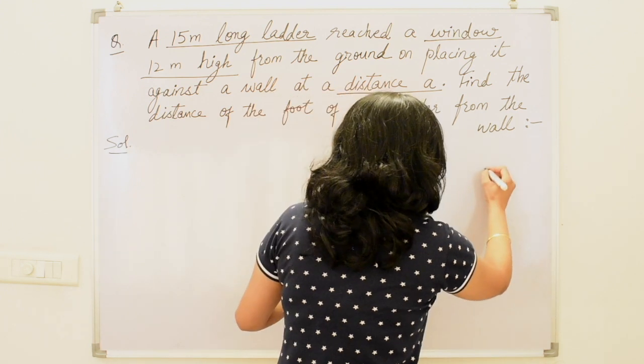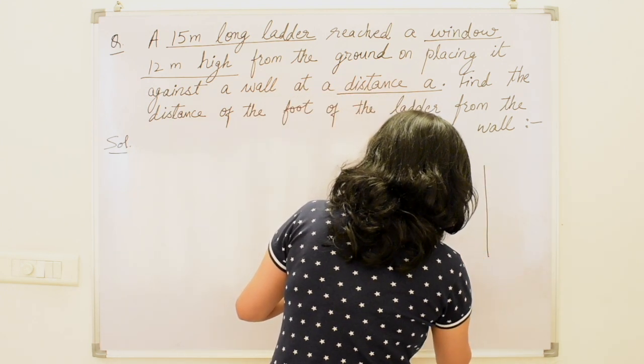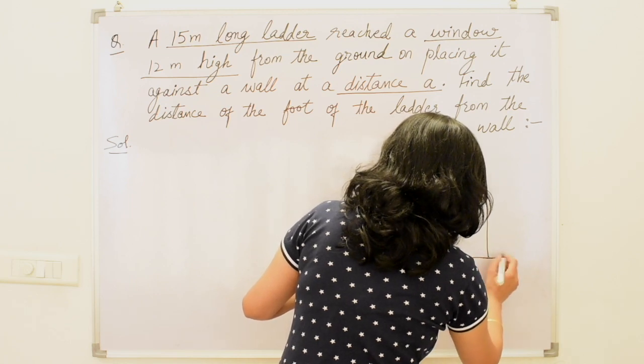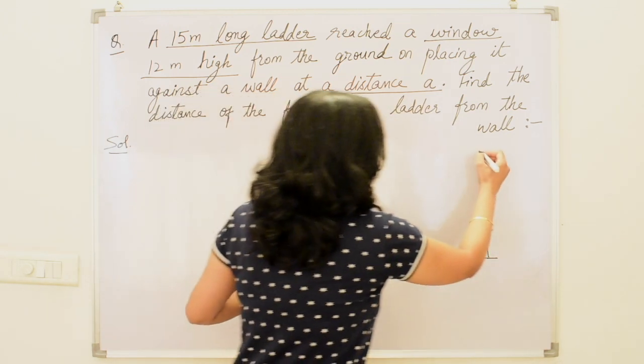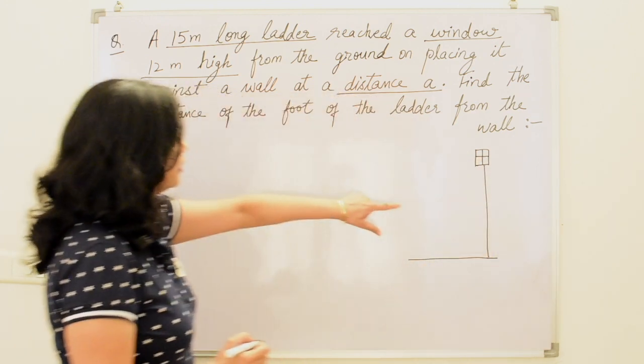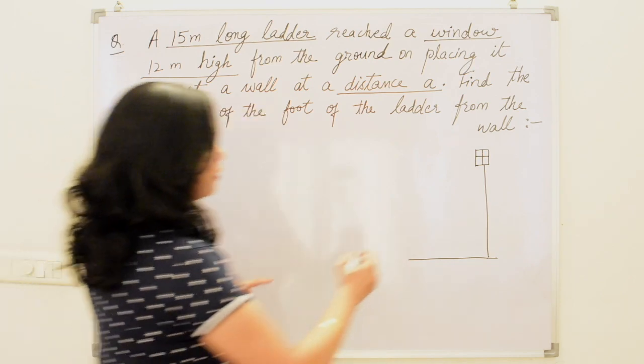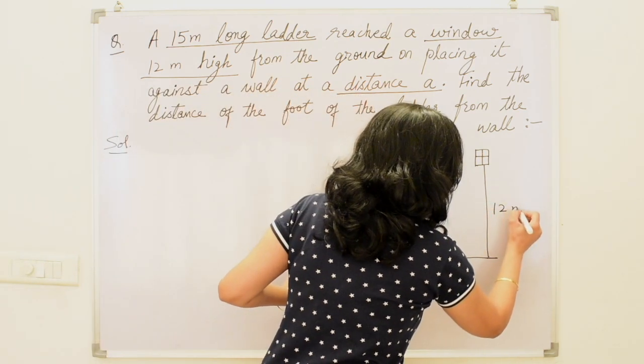So let us first make the figure. Suppose our window is here. So what are they saying? That the window is 12 meters high. That means this is 12 meters.